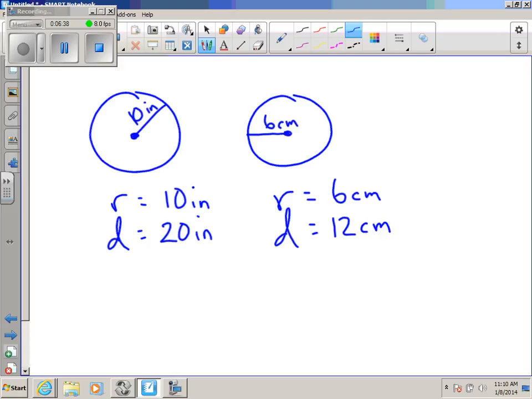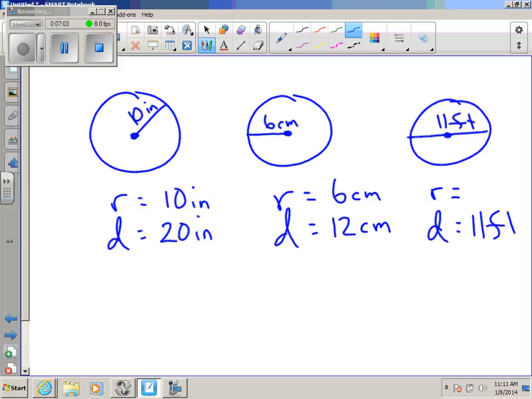If I have a circle that measures 11 feet, which is which? Mariah. Diameter is 11. Very good.